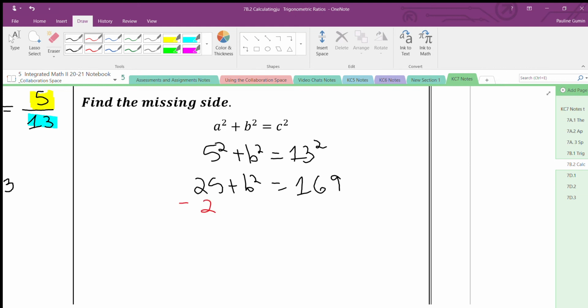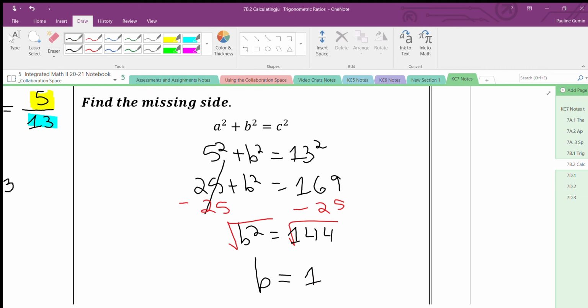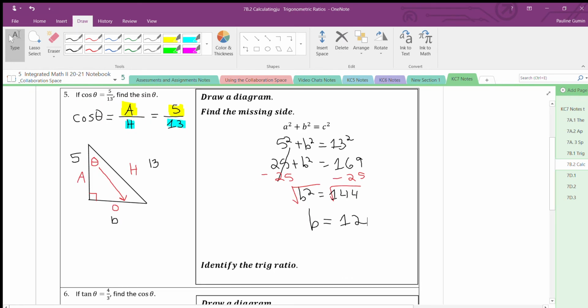Subtract 25 from both sides. b squared equals 144. Let's square root both sides. Remember, this is a triangle, a real thing, so we cannot have a negative side measure. So b is 12. Our opposite side, instead of a b, I'm going to write 12.